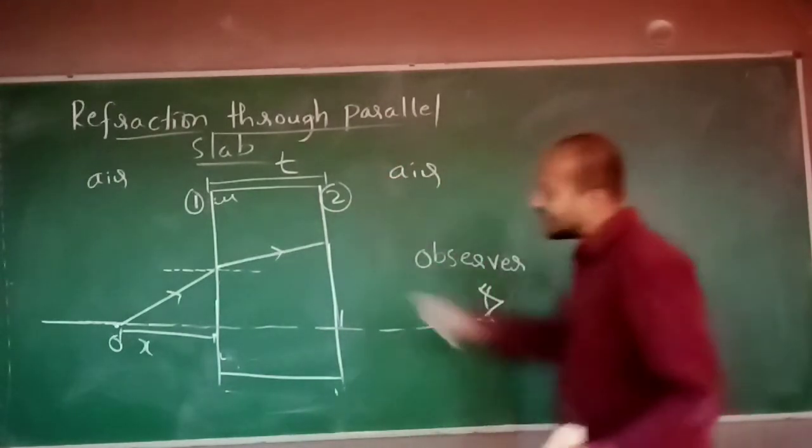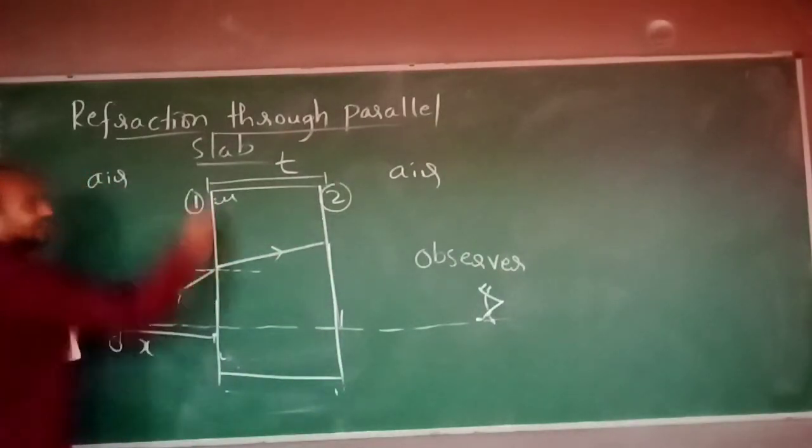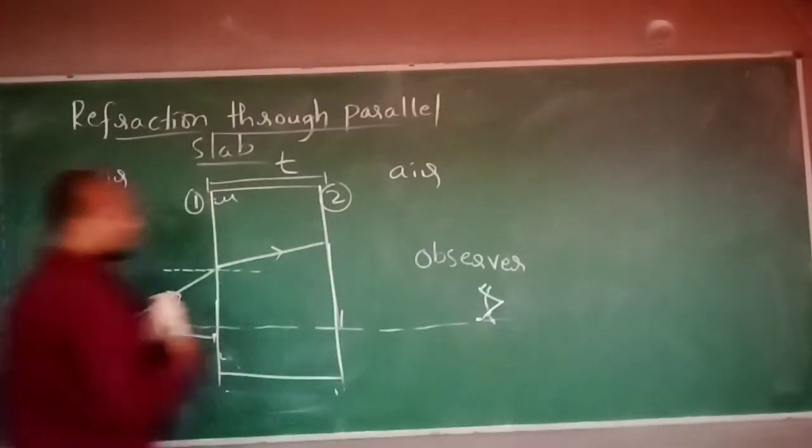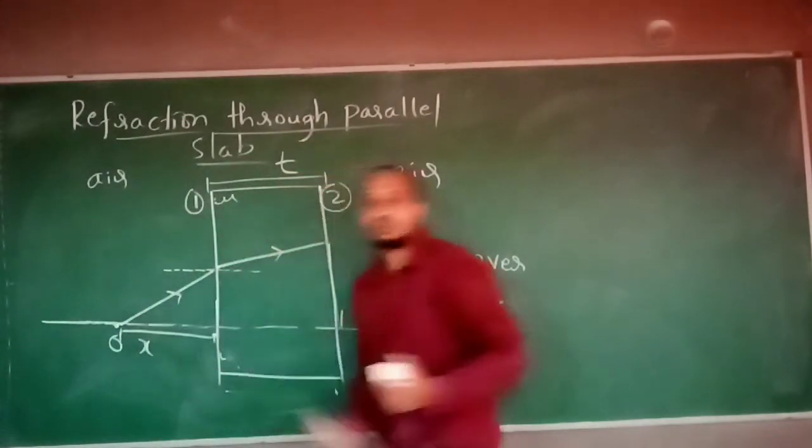Correct now? If I talk about the first shift, imagine the light has gone through this surface. Now think that you are inside this glass slab and you are watching this object.